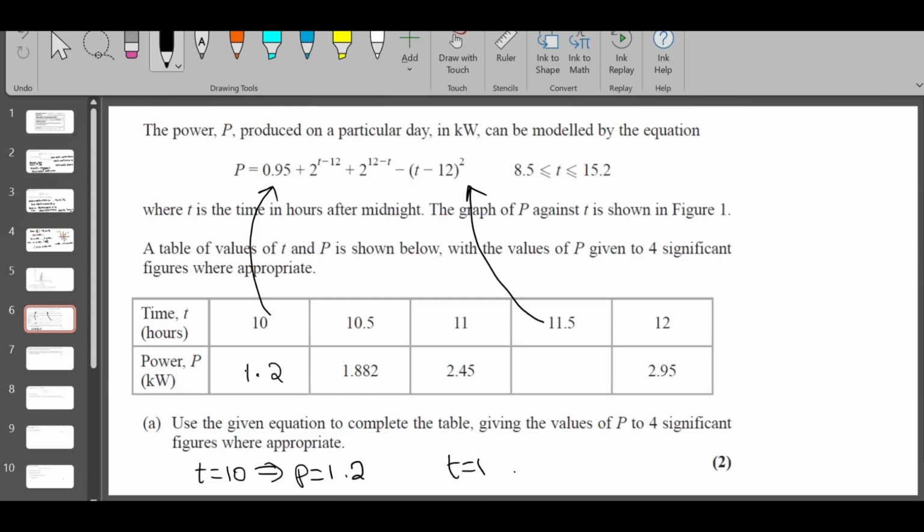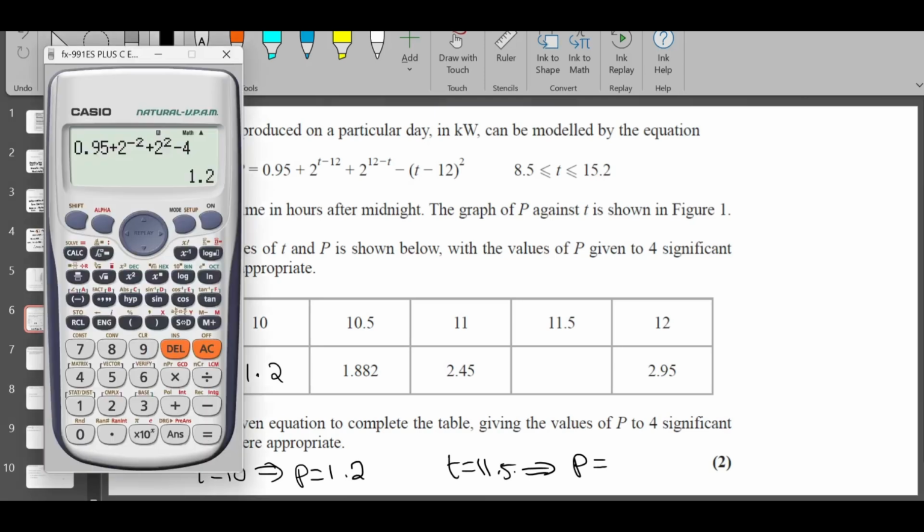And then when T is 11.5, P is equal to, you don't need to show any working here, 2 to the power T minus 11.5 minus 12, 12 minus 11.5 minus, open bracket, 11.5 minus 12, close the bracket, square.